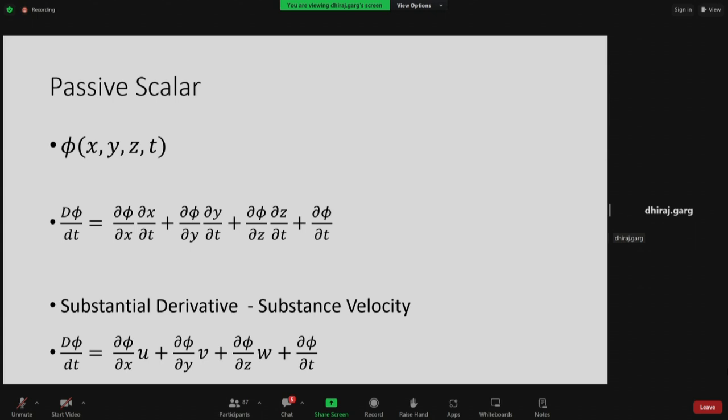Only when the velocity of the substance in which the property is there and its own velocity become the same is the derivative called the substantial derivative. So here the meaning is that the scalar is not affecting the local velocity. It is not affecting the surrounding velocity, it is moving along with the local velocity. It is guided by the local velocity.